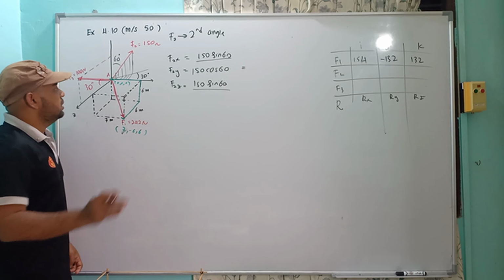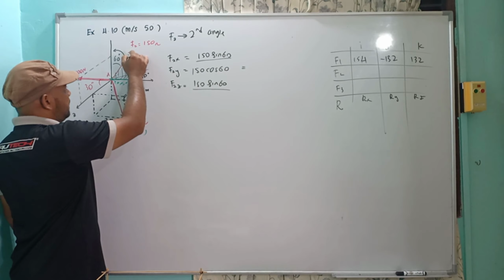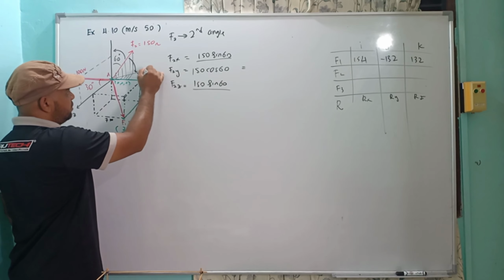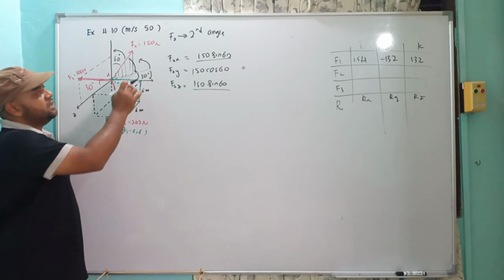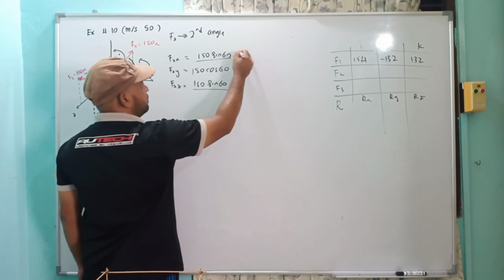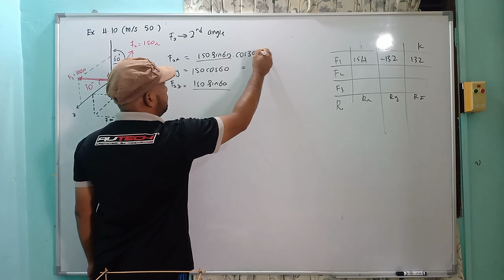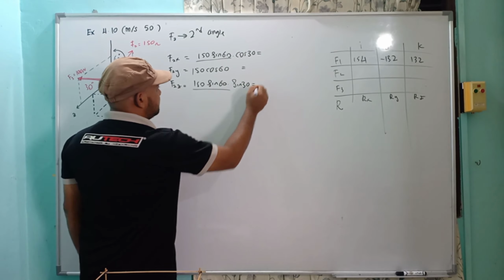Now my force is one here, the other one is in this line. So I want to resolve one into x, the other one into z. I'm using the 30 degree towards the x, so x will be cos 30. The other one must be sine 30.